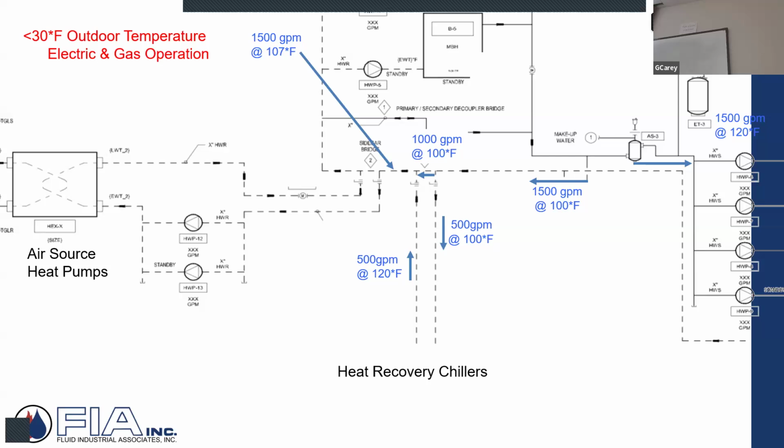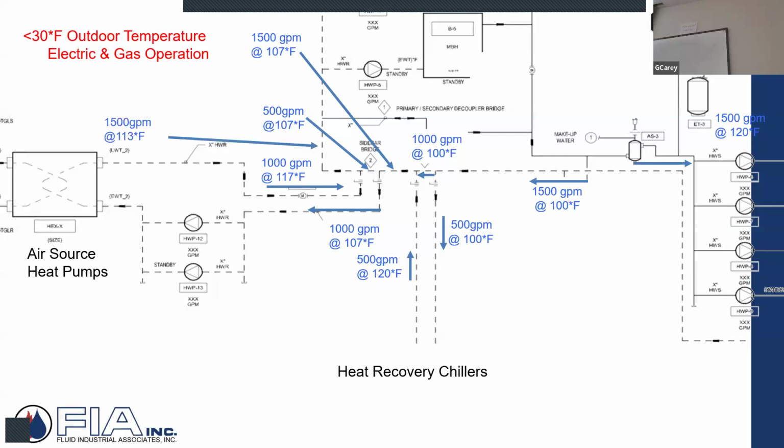Now I encounter my air source heat pump, 1,000 gallons a minute at 107, 10-degree rise, right? 500 goes across the common at 107, but 1,000 at 117 comes back from my air source. So when I do the math, and again, it's just math, I got 1,500 at 113. I'm chasing 120.